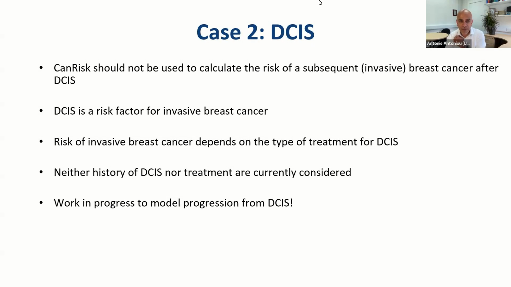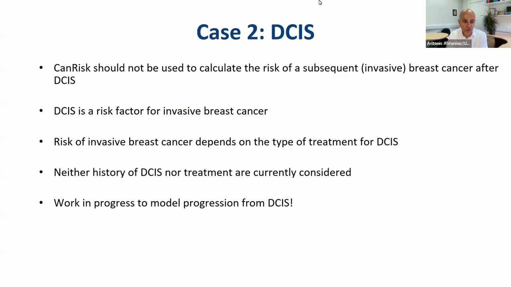Now, the second question was on DCIS. The advice here is that CanRisk should not be used when someone has developed DCIS in order to calculate the risk of a subsequent invasive cancer. We know that DCIS is a risk factor for breast cancer, and the risk of a second invasive cancer depends on the type and the treatment of the DCIS, which we are not considering at the moment.